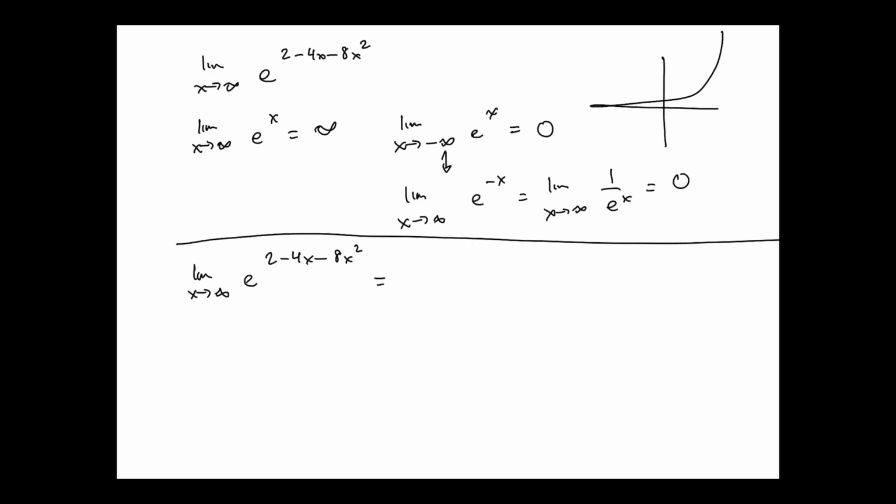Not quite, that doesn't make sense. However, can I say this is the same as e to the limit as x goes to infinity of 2 minus 4x minus 8x squared? Is that justified? I take the limit of the exponent part and then raise e to whatever we get. Is that okay?